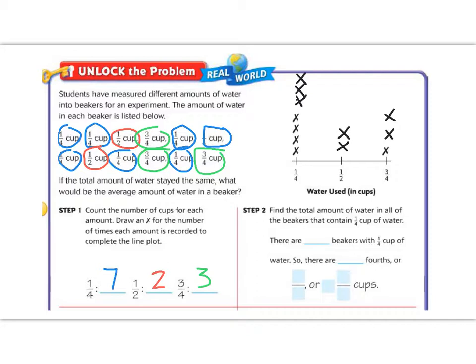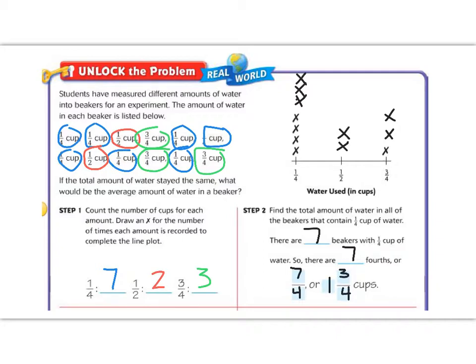Step 2 says find the total number of water in all the beakers that contain 1/4 cup of water. Well, we know that there are 7 beakers with 1/4 cup of water. So that would mean that there are 7/4. So we could write that as 7 over 4, or we know that 4 goes into 7 one time with 3 leftover parts.